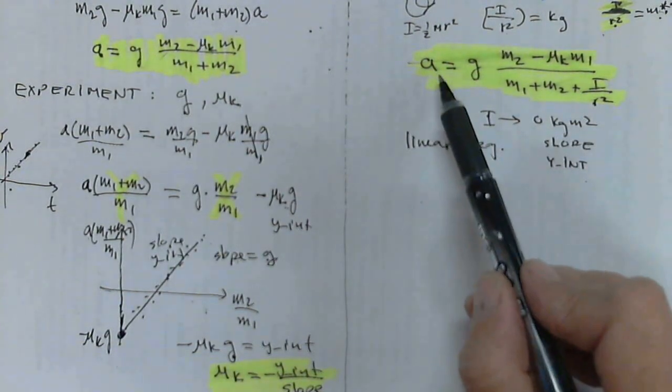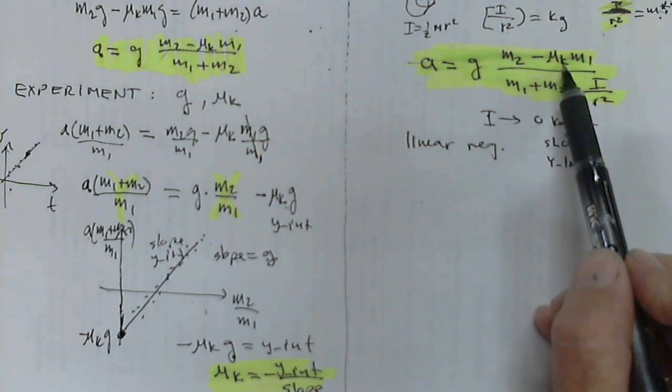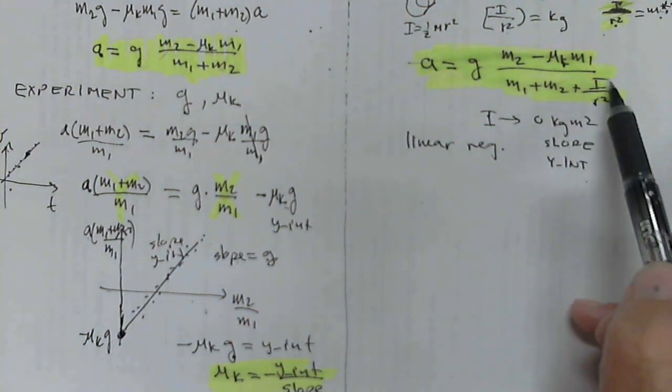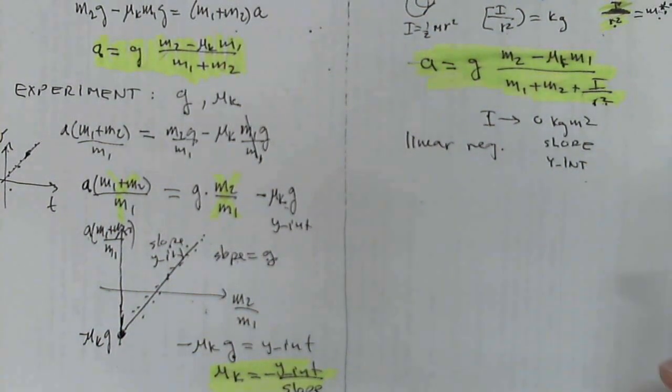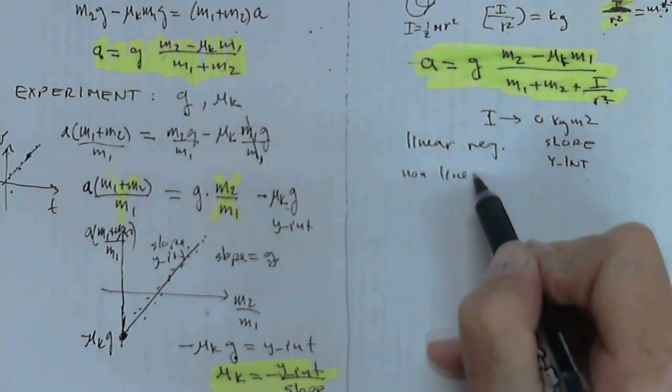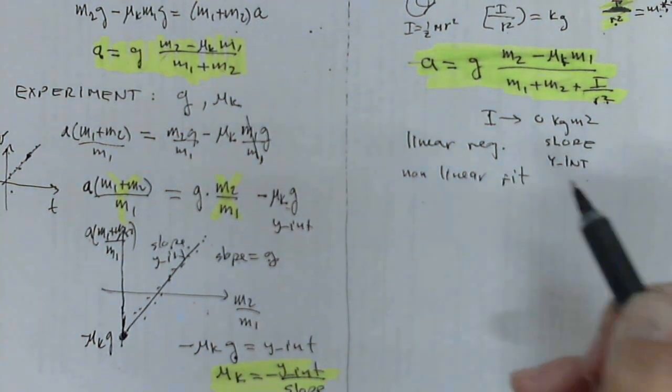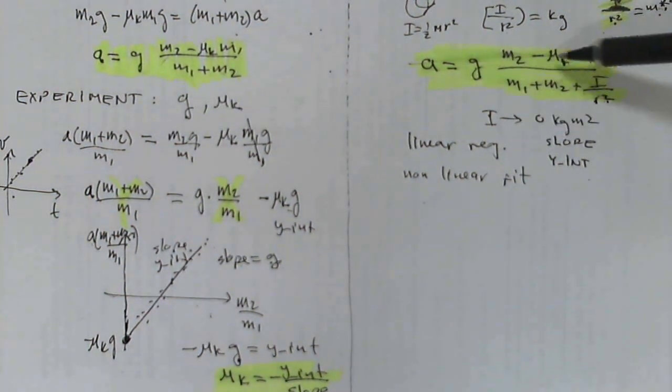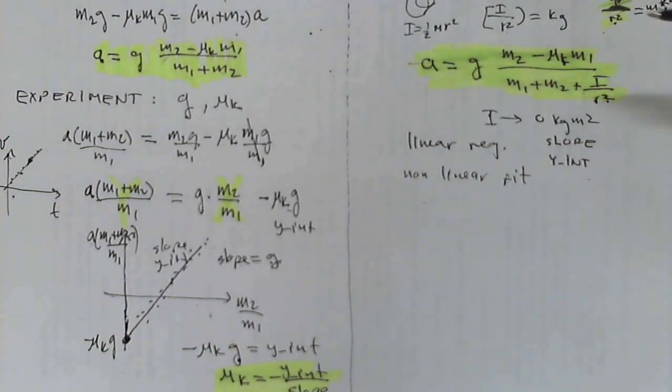But over here you got 3. You got acceleration of gravity, coefficient of kinetic friction, and I over r squared. So you could do it by doing non-linear fits, and you could find the 3 parameters from the data.